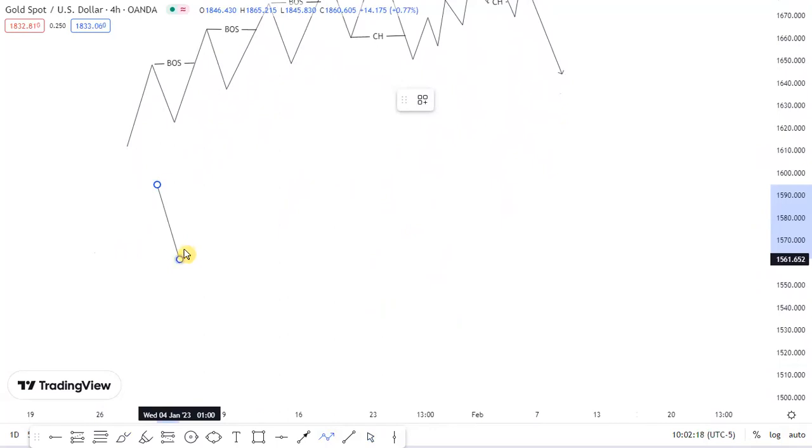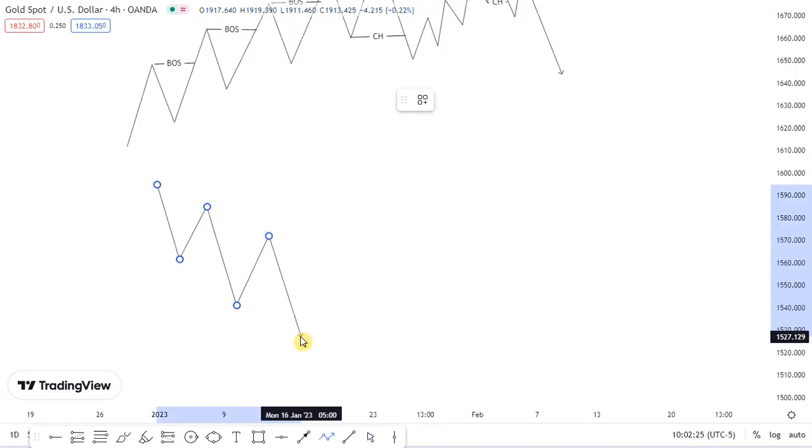We have the market pushing to the downside, and then we have a lower low being created, a higher low being created, a higher low being created. And with each low being created, we have a break of market structure.